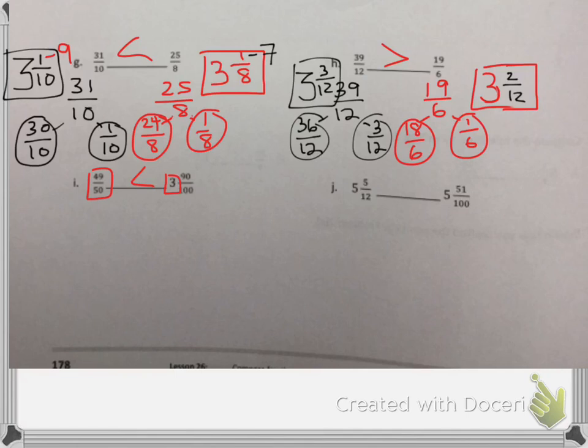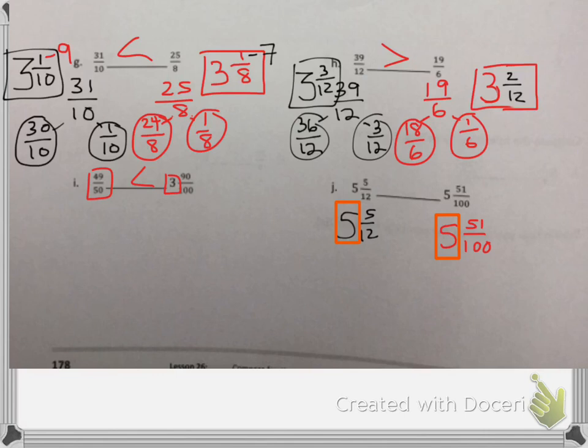And 5 5/12 and 5 51/100ths. You need to ask yourself, we have the same wholes here. So they're 5 and 5. But what you really need to ask yourself is, which one is closer to the whole?